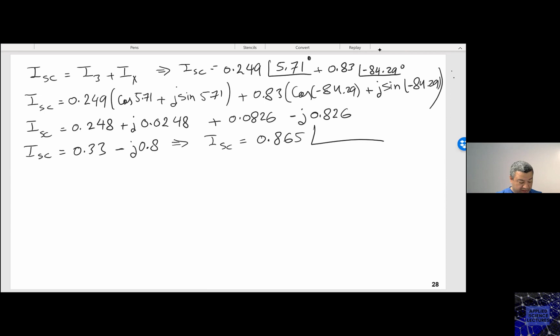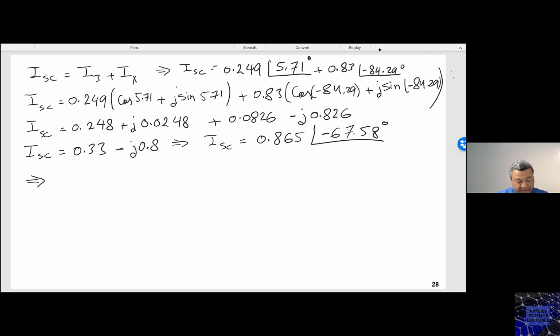Then you have tan inverse of minus 0.8 divided by 0.33, which will be in the fourth quadrant, minus 67.58 degrees. So this is the short circuit.